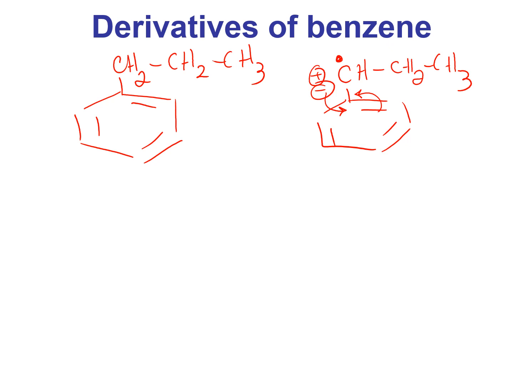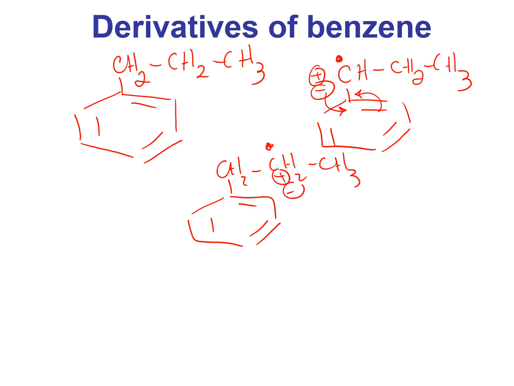In other words, it will stabilize the charge present on this carbon. However, if you place the charge on a far away carbon, whichever charge you are placing, the ring is far away. It cannot stabilize this charge.